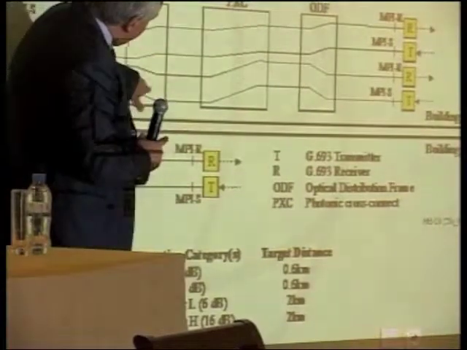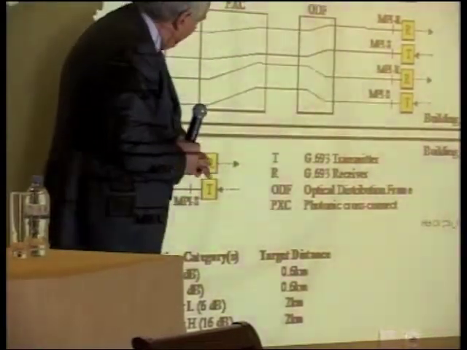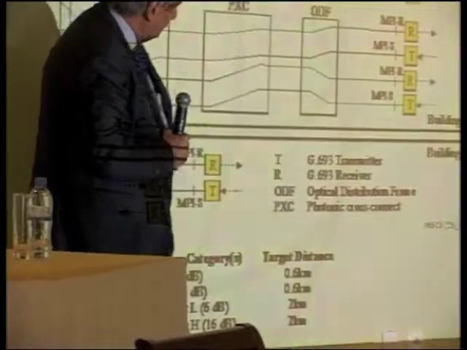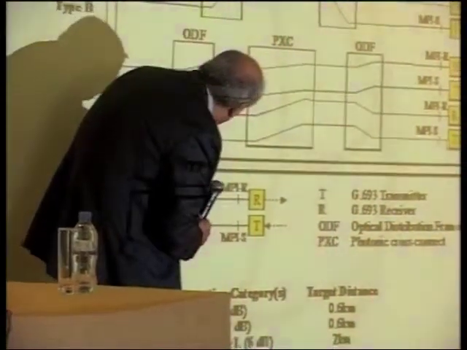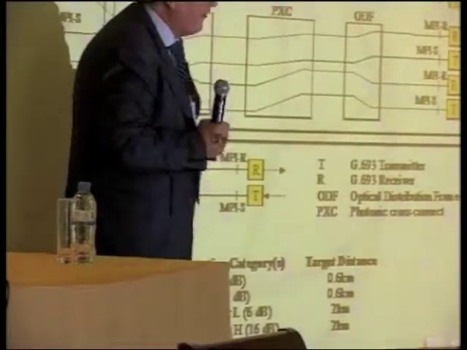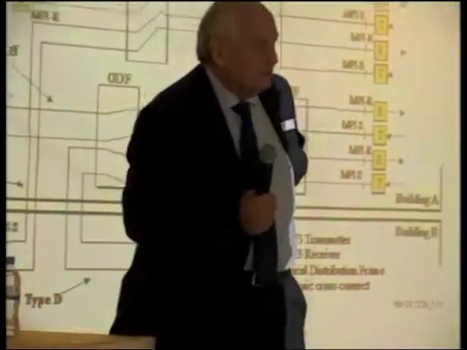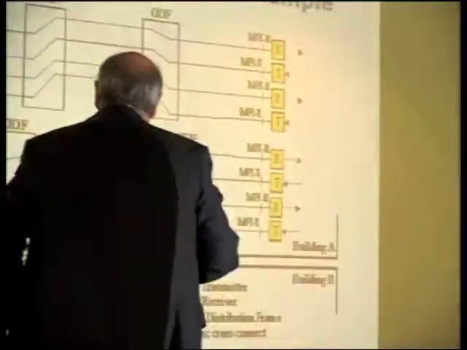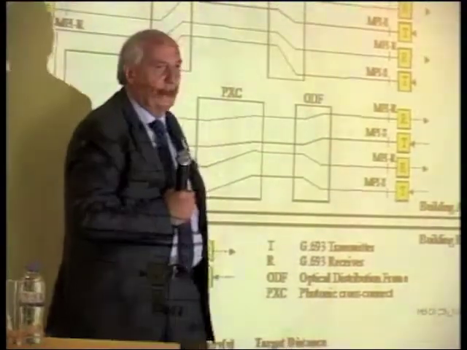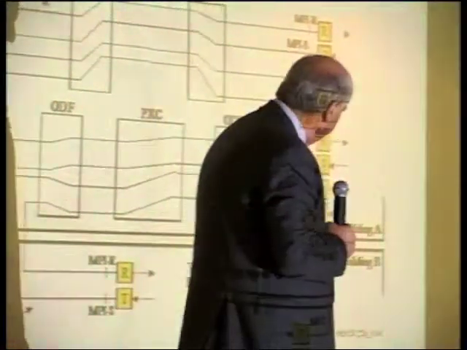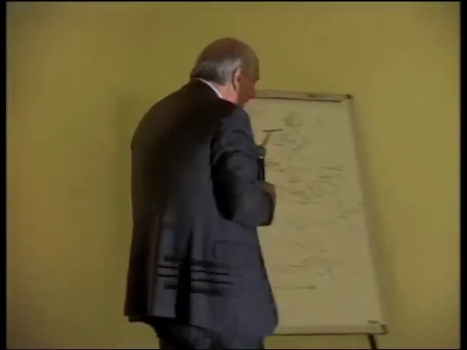The same path is followed by a signal coming from building B. This is type D, and the attenuation can rise even to 16 dB due to the length and the pass through the photonic cross connect. Any possible case is reported in this drawing.